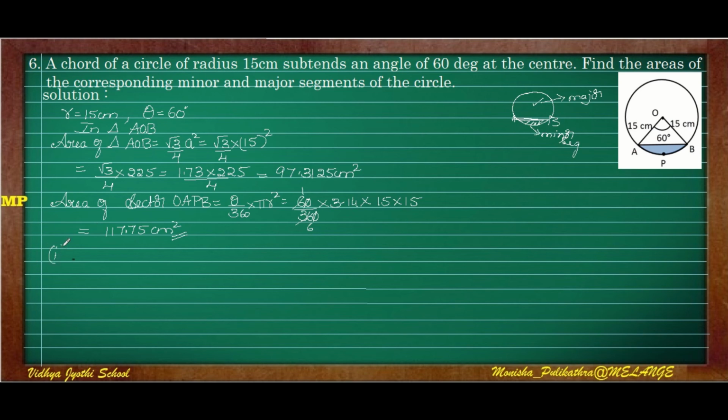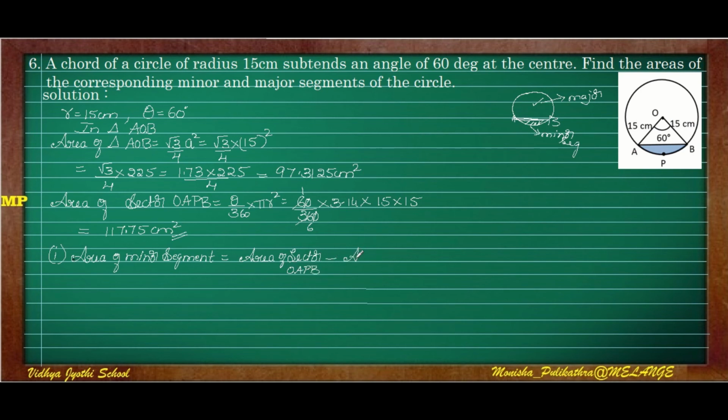Next we have to find out the minor segment. Area of minor segment you will obtain by subtracting the area of triangle AOB from the area of sector OAPB.